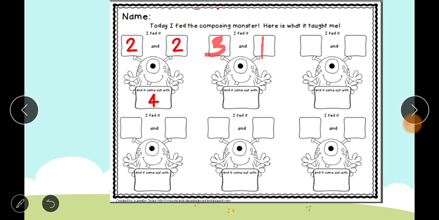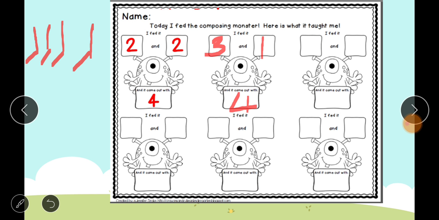Now, to help you, you can count your fingers, you can make strokes, you can draw pictures, you can hop on the number line, you can add using the 10 frame. Now let me make strokes here. 3, and 1. Now how many strokes do we have here? 1, 2, 3, 4. So I fed it 3 and 1 and it came out with 4.